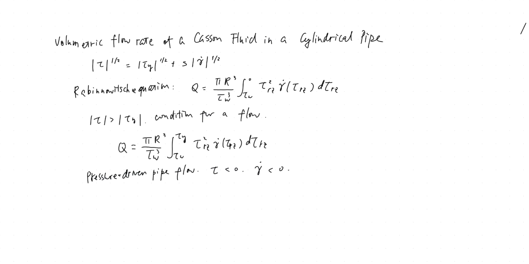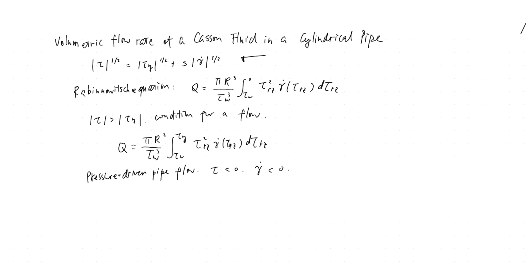However, the constitutive equation of the Casson fluid comes from an empirical relation, which means only the magnitude matters in the empirical relation. That means when we deal with Q, we need to recognize this difference.